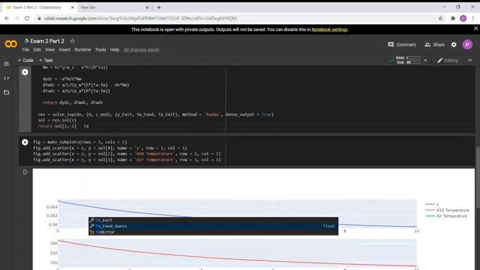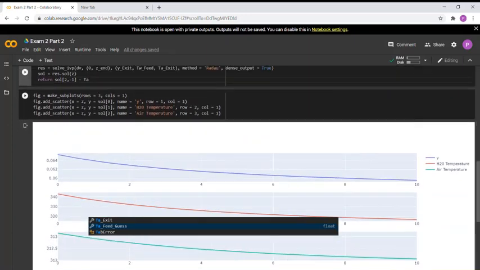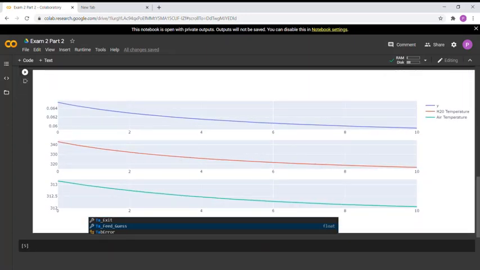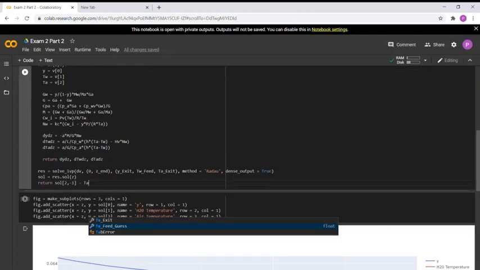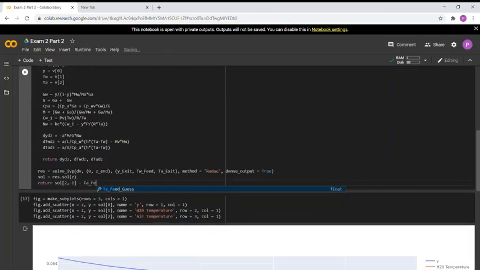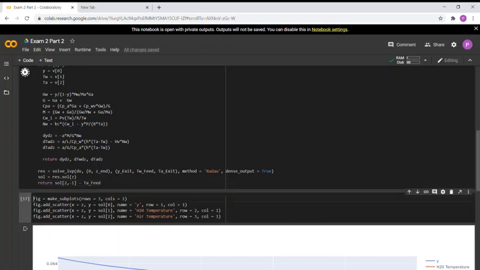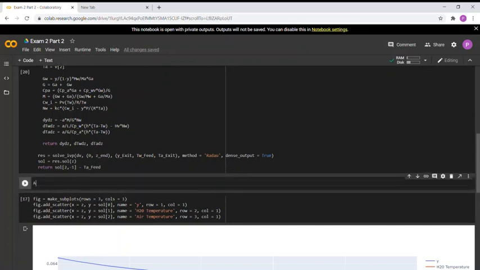And then at position -1, it is the last one right here. So the last one is what we need to find, minus ta fit. All right. Let's try. Okay.